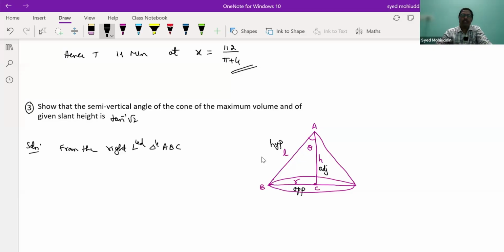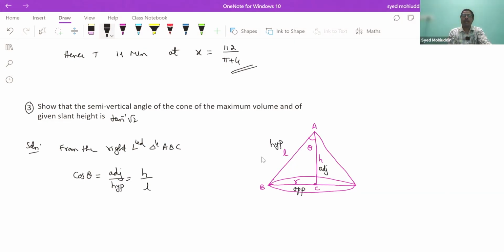If that is the case, now we can find out the value of sine theta and cos theta. So let us try to see what is cos theta value. Cos theta, the basic definition of cos theta will be adjacent by hypotenuse. So what is the adjacent value? Adjacent value represents h. And what is the hypotenuse value?